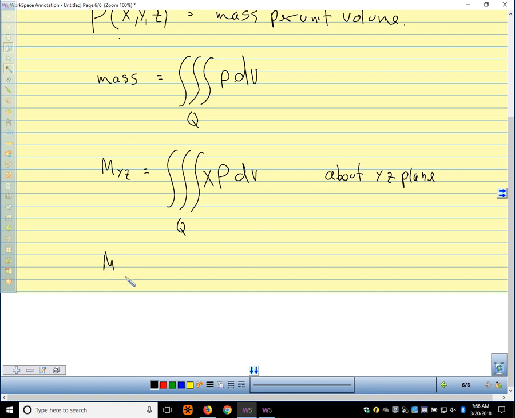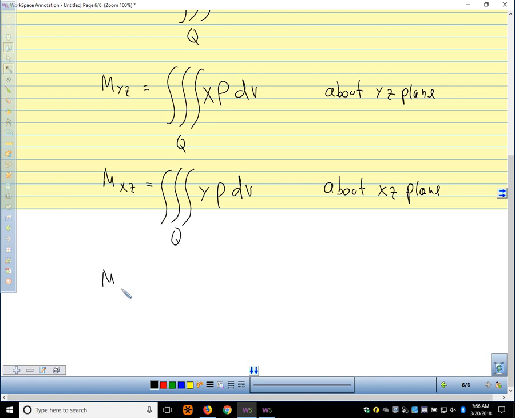M sub xz is our mass times its distance from the xz plane, and the distance from the xz plane is y, so it's y rho dV. And the moment about the xy plane is the mass times its distance from the xy plane. That's going to be z rho dV.